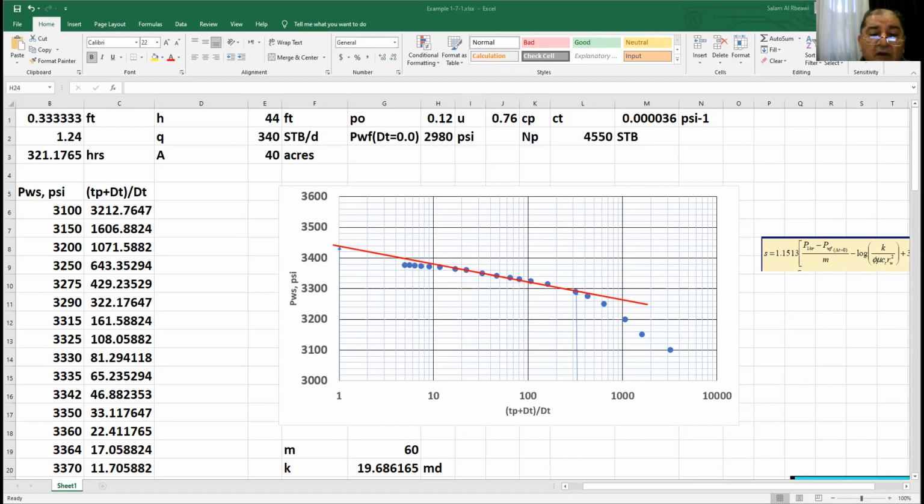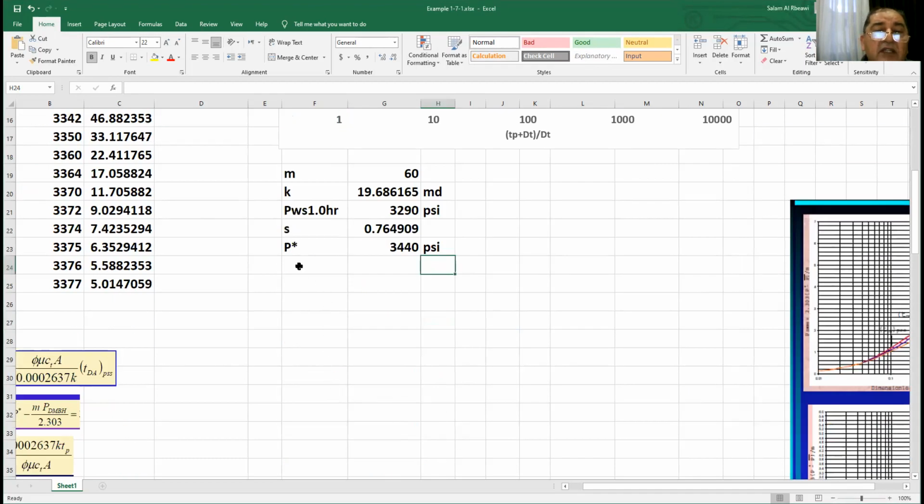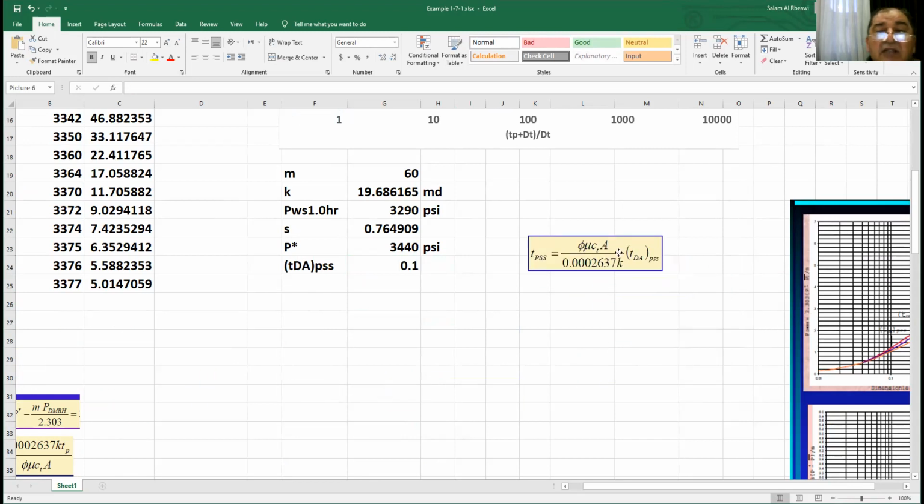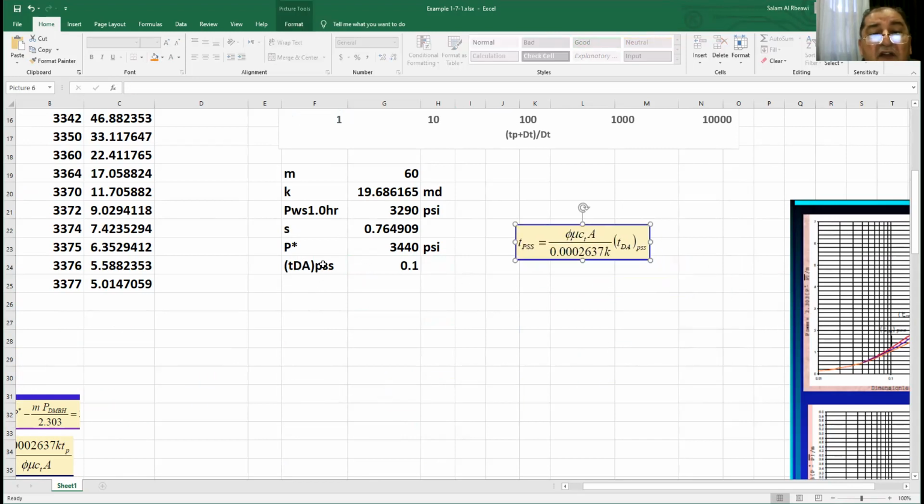Okay. So now TDA PSS, this would be what? 0.1. Now you need to convert this to TPSS using this model.